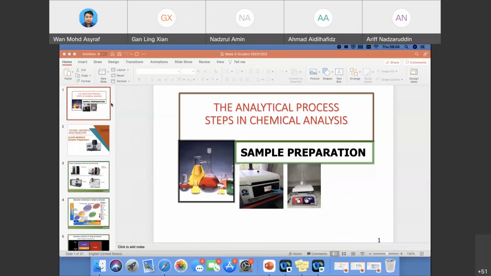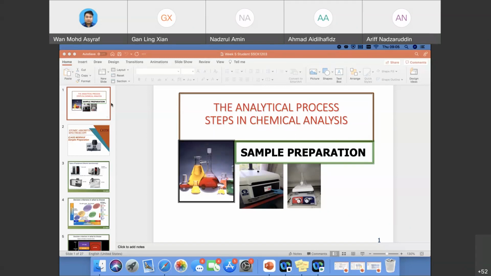The easier way to look at this is that inorganic substances or inorganic analytes are usually analyzed using spectroscopic methods. But for organic analytes, chromatographic instruments are used, which you are going to learn after this chapter, chapter 6 until, if I'm not mistaken, chapter 11.